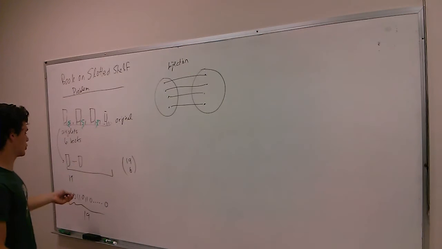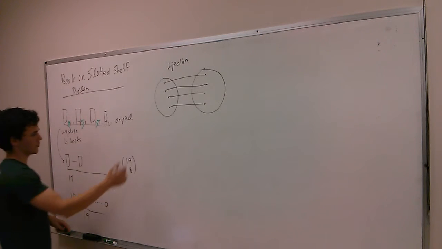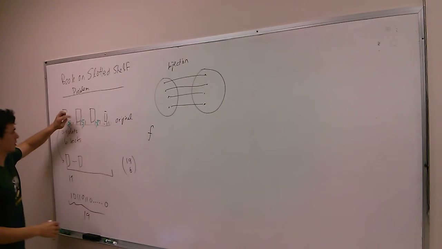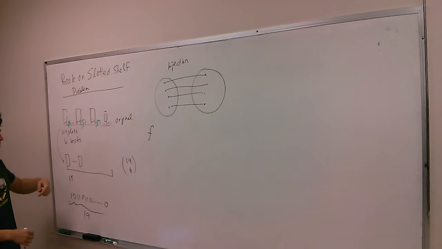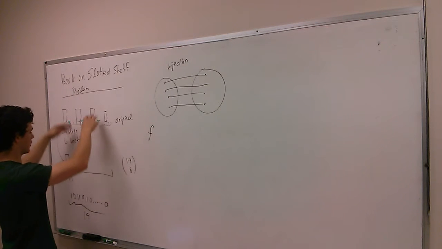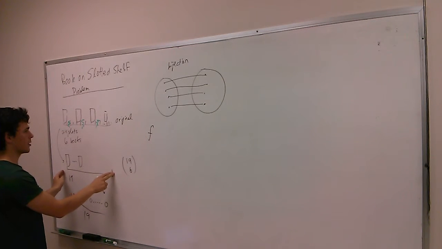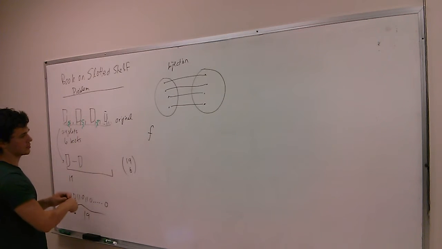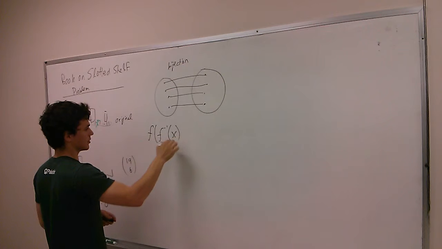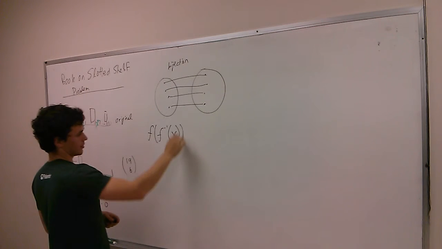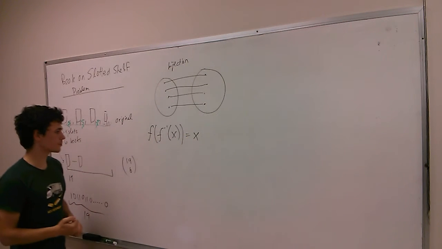So to prove this is a bijection, we just need to prove that we have a function f that maps from the set of cases here to cases here, and an inverse function that maps from the range of f, all the cases that are mapped to here, back to examples, such that f of f inverse of x, where x is an example from here, is equal to x, right?